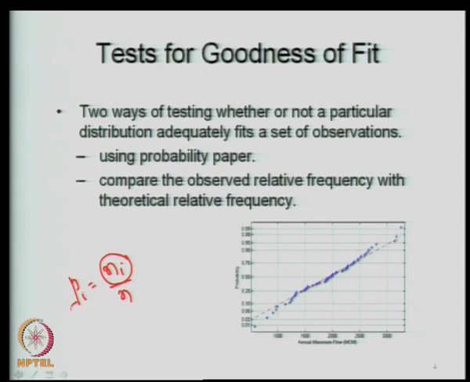So, this is the relative frequency. The interpretation of probability, in our earlier lectures we have seen, is in fact a relative frequency. So, from the data you have an observed relative frequency n_i by n.